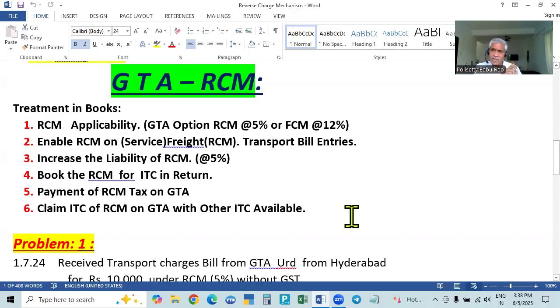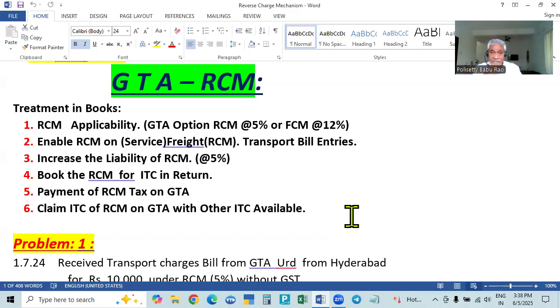We can add freight charges (FCM), forward charge mechanism, or you can simply give another name, not the same name as freight charges (RCM). This is simply transport charges within brackets FCM, or simply transport charges. Simple transport charges means forward charge mechanism.